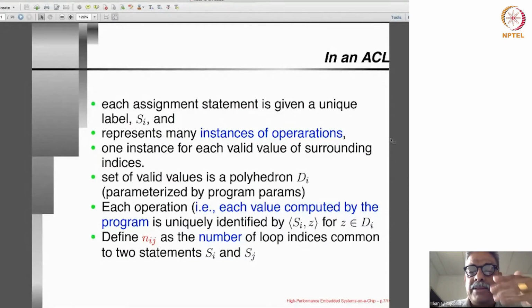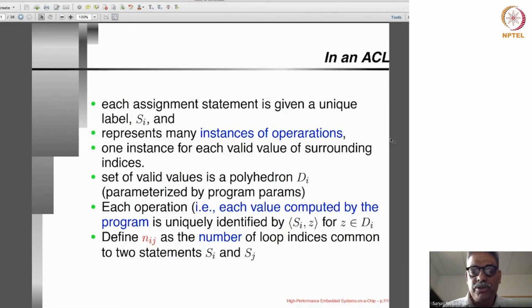And this polyhedron for the statement is parameterized by program parameters. Each operation, that means each value computed by the program, is uniquely identified by a label of the statement and an index point belonging to the polyhedron.